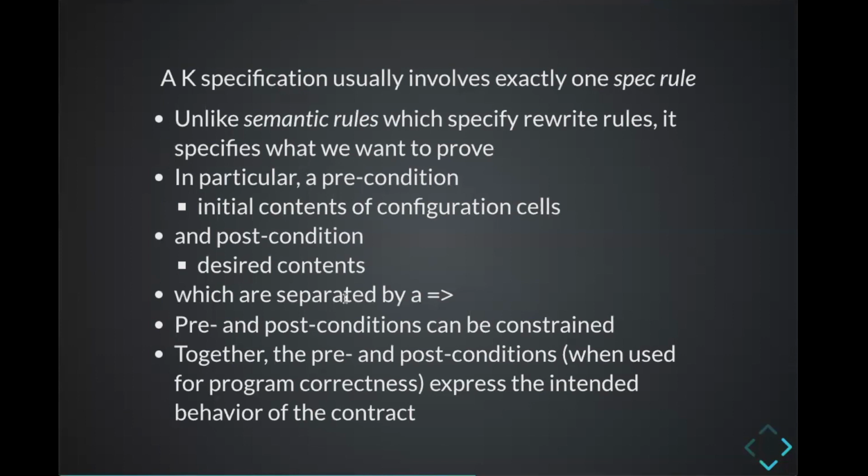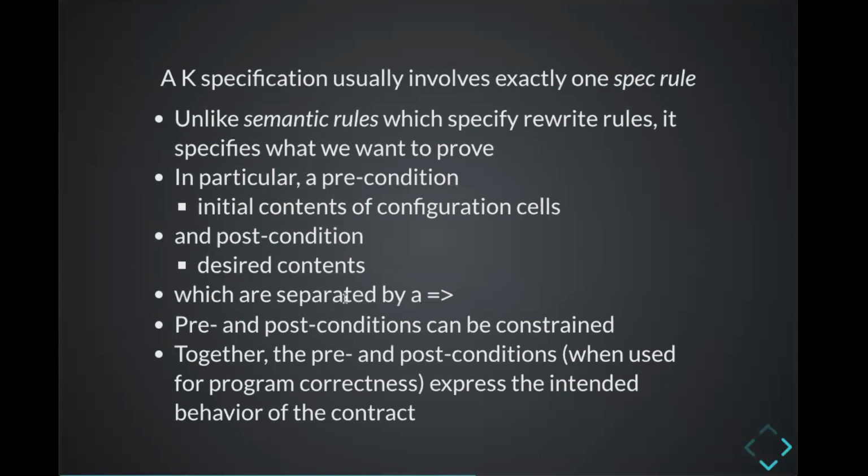That depends on the language you're working in, in this case the EVM, or more specifically, KEVM. And also the postconditions, which are the desired contents of the configuration cells after the execution.